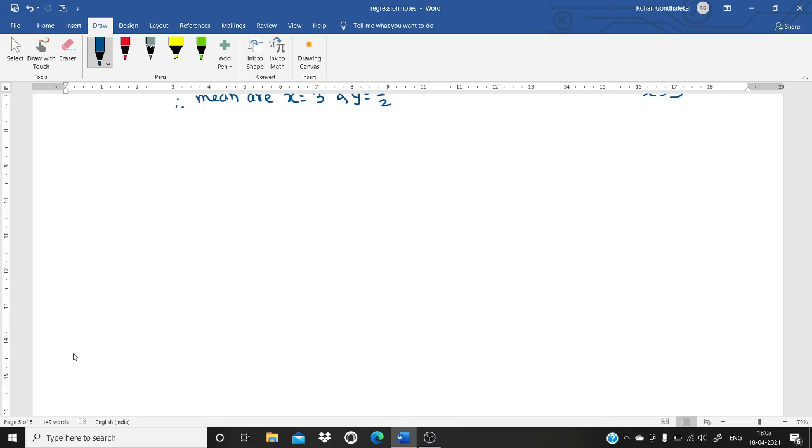What is the second part? To find r. What are the equations? x plus 6y is equal to 6, and the second equation is 3x plus 2y is equal to 10. Now which one will act as the line of regression y on x and which one is the line of regression x on y? First of all, I call this the line of regression x on y. Then I must write x is equal to 6 minus 6y.